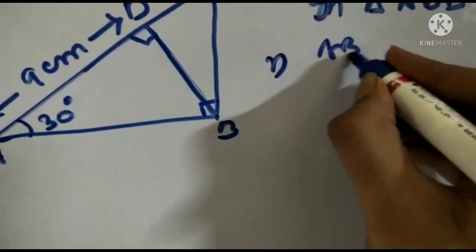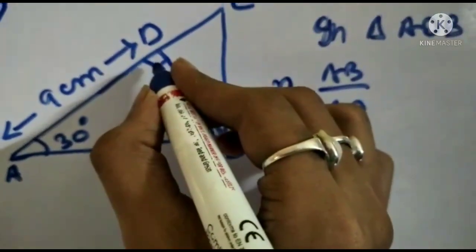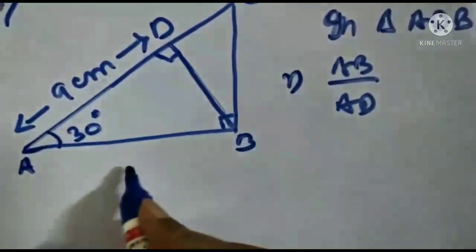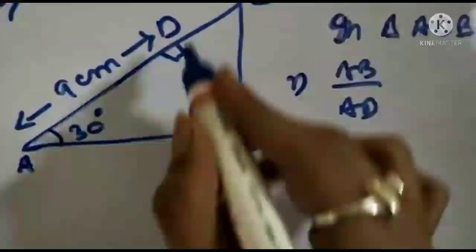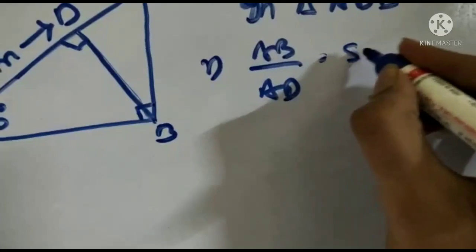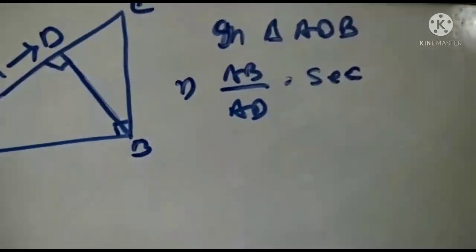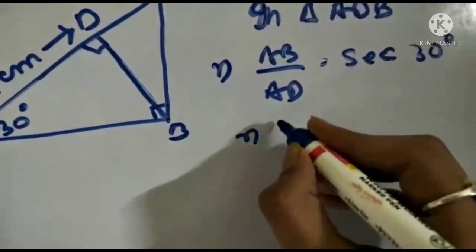The right angle's opposite side is AB, so AB is the hypotenuse, this is the base, and this is the perpendicular. So hypotenuse by base is equal to sec theta. In place of theta we will write 30 degree, so sec 30 degree. Now see, AB we have to find.